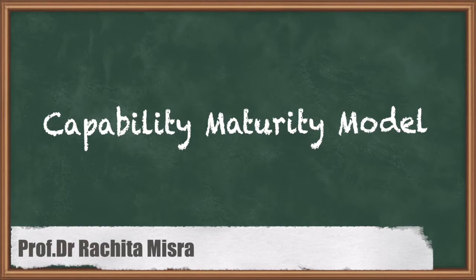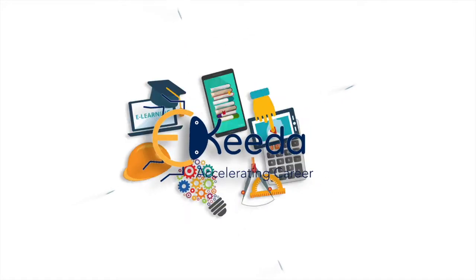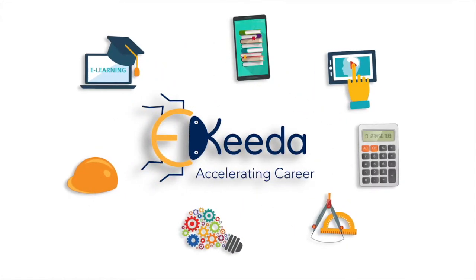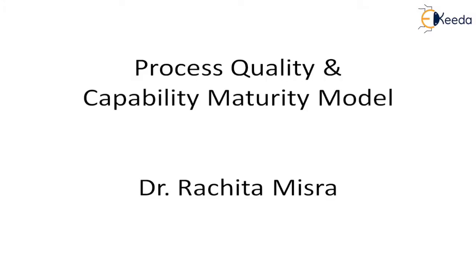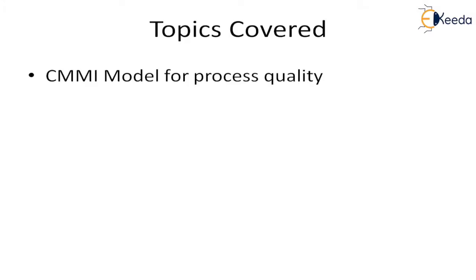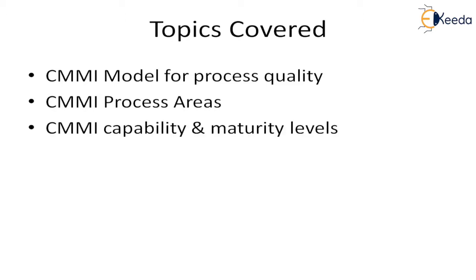Today we are going to discuss the process quality and the capability maturity model. The topics that we will cover today are the CMMI model for process quality, the CMMI process areas, its capability and maturity levels.